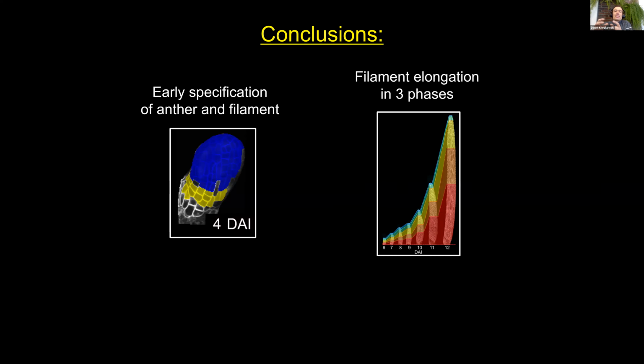So this research provided the first quantitative atlas of cellular growth dynamics of any kind of the internal reproductive organs in plants from the initiation until their full development. This is the first quantitative atlas of cellular growth for stamen in Arabidopsis.